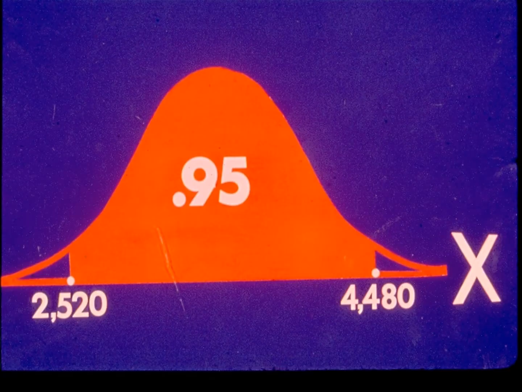The result is that 95% of birth weights in this community lie between 2,520 grams and 4,480 grams. Any weights outside these limits might then be considered either too light or too heavy.